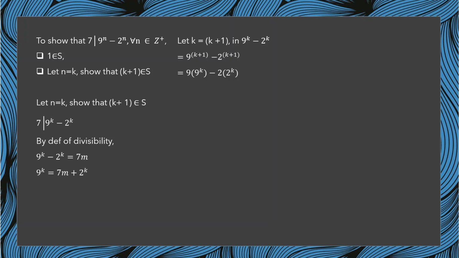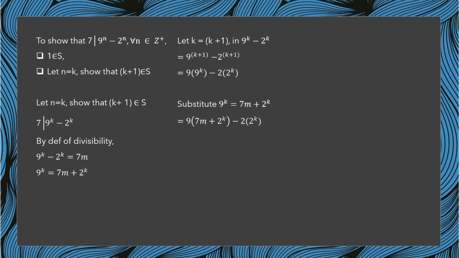So for the next step, we need to change k equal to k plus 1 in the latest equation. So we get 9 power k plus 1 minus 2 power k plus 1. We can also write it in terms of 9 times 9 power k minus 2 times 2 power k.